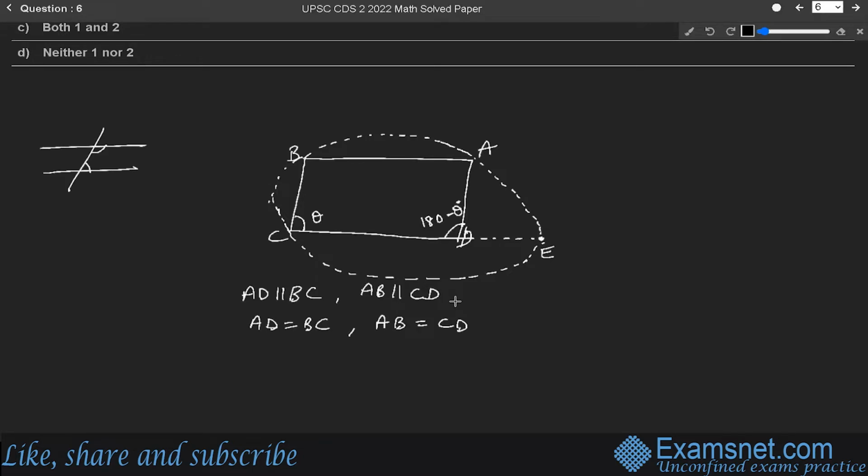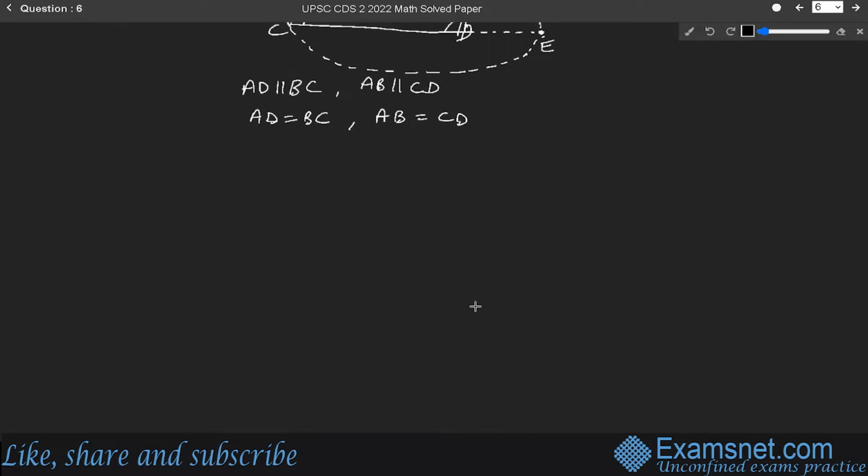Again, there is a concept that whenever there is a parallelogram inside a circle and the circle is touching all its vertices, then in this parallelogram or quadrilateral, the opposite angles are equal, because it is a cyclic quadrilateral, or you can say it is a cyclic parallelogram. So according to that, the opposite angles are equal and the sum of opposite angles is also equal to 180 degrees.